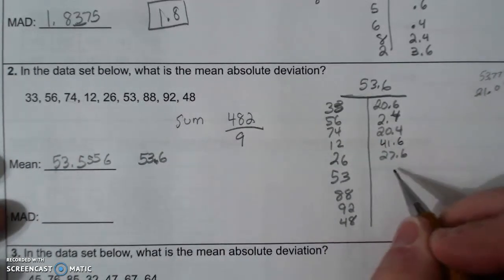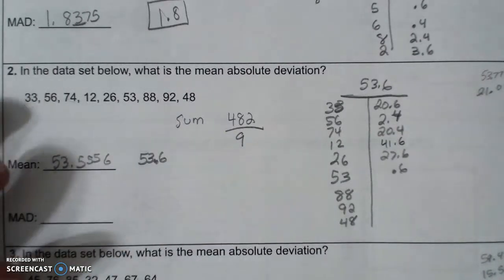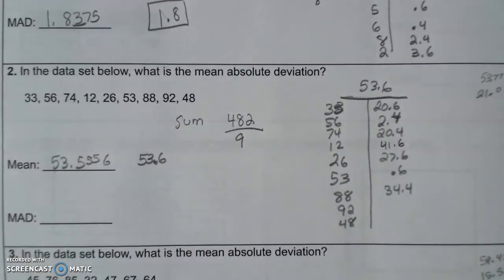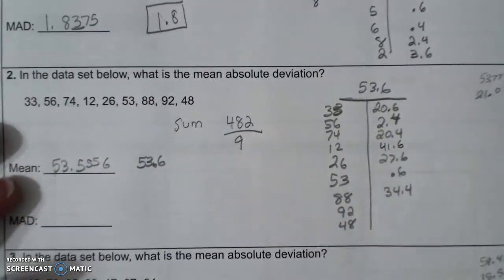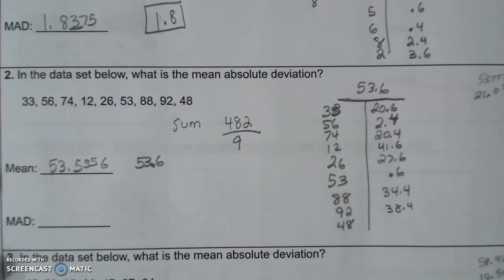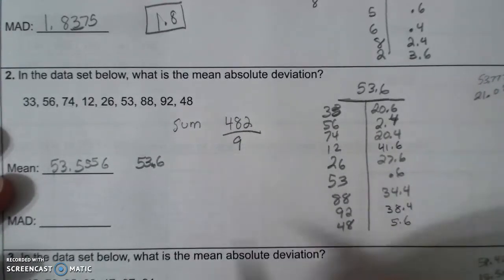53.6 minus 53, 0.6. 88 minus 53.6 is 34.4, 92 minus 53.6 is 38.4, and 53.6 minus 48 is 5.6.